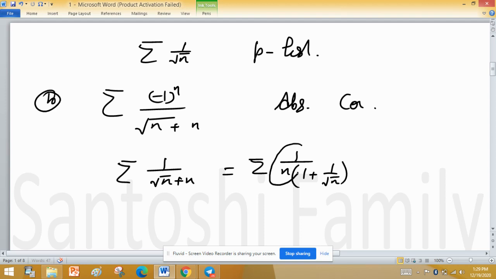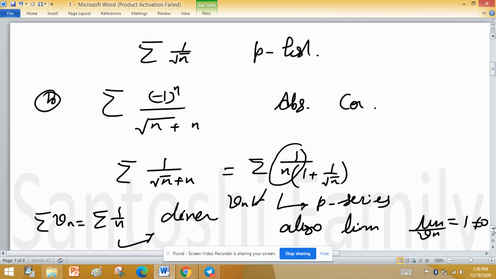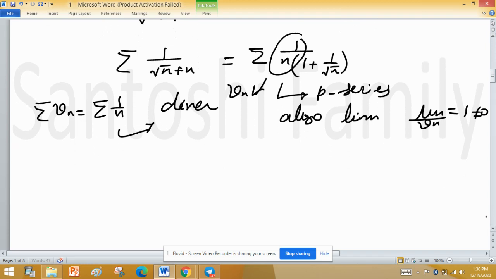Now consider this is a p series and it is divergent. We know that if you consider this Vn, summation of Vn will be 1 upon n, and it is divergent. Also, the limit of un divided by Vn is equal to 1, which is finite and non-zero. So apply the comparison test.